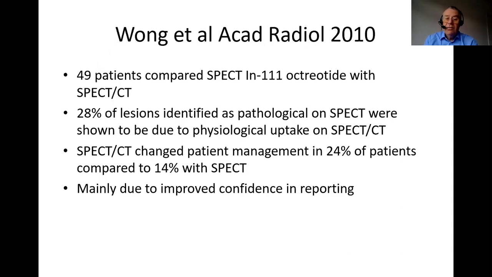In terms of publications, most of these are fairly old, but again, they confirm a 20% increase in localization using SPECT-CT over SPECT alone. And this changed management in 24% of patients compared to 14% with SPECT alone. But the conclusion is the one that we normally get, which is that SPECT-CT improves our confidence in reporting.